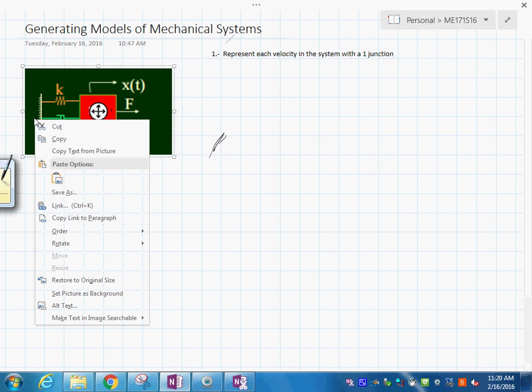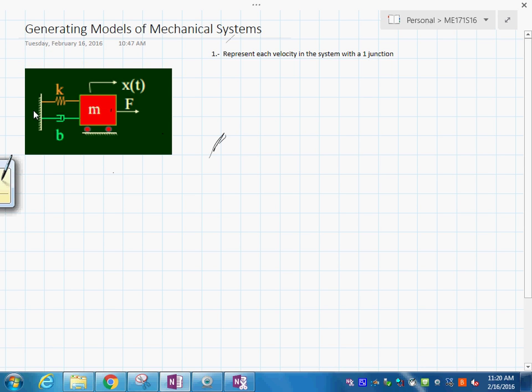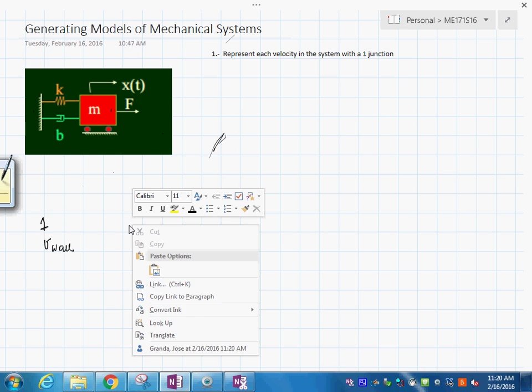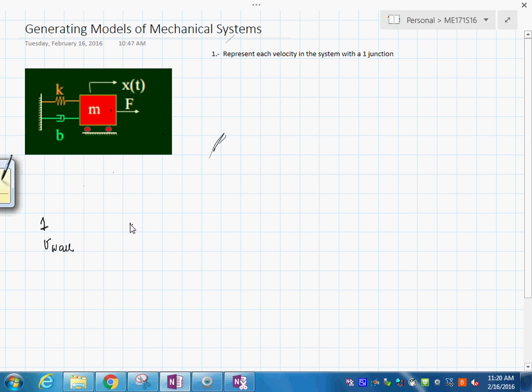Okay, so what we're going to do, true to what I just said, is I'm going to put a one junction here to indicate the velocity of the wall. I'm going to put another one junction here to indicate the velocity of, x dot, really.